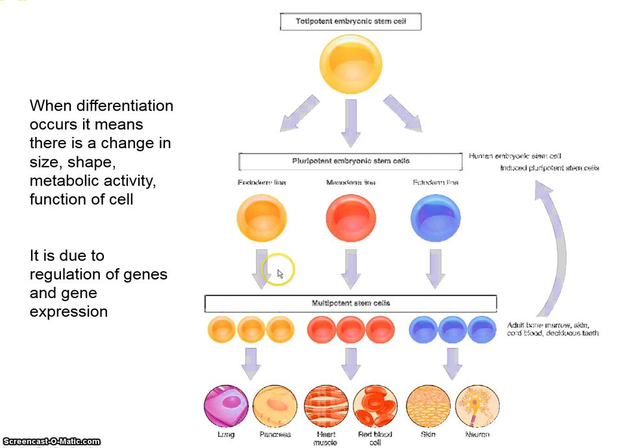All right? So more time goes by, right? And these start to become more determined in what they're going to be. They produce a whole lot more themselves, and then we say they're multipotent stem cells, and they would give rise to then specific cells. So examples of these, as they say here, adult bone marrow.